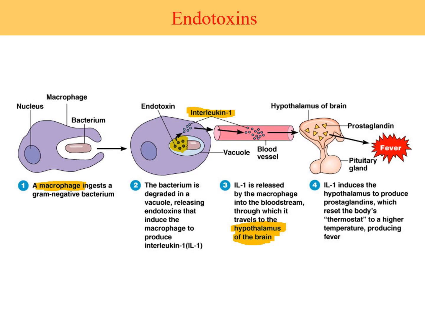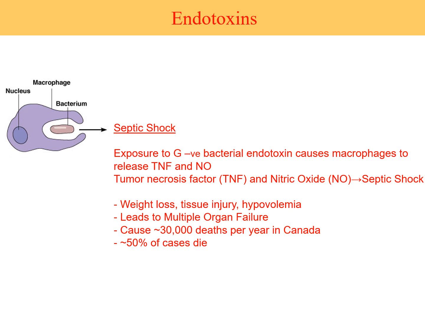You also get other molecules being produced, particularly tumor necrosis factor and nitric oxide. In large amounts, with serious gram-negative infections, you can get tissue injury due to an excessive release of these molecules.